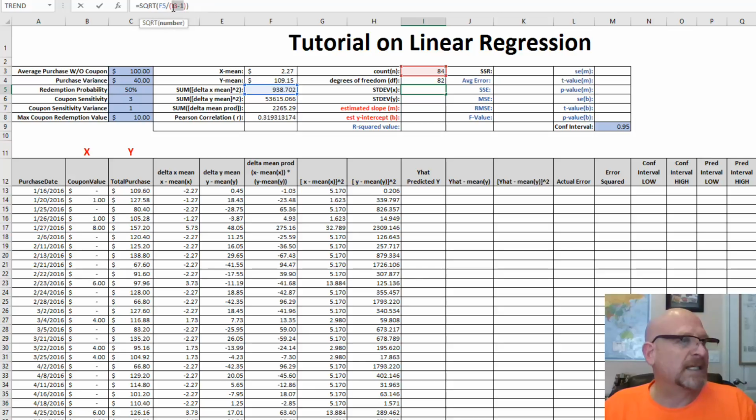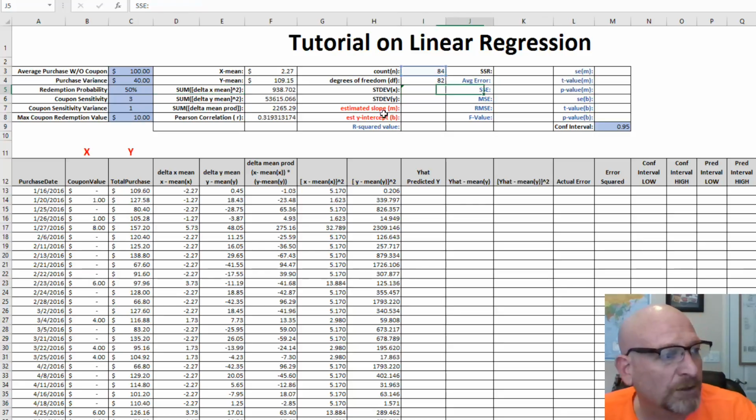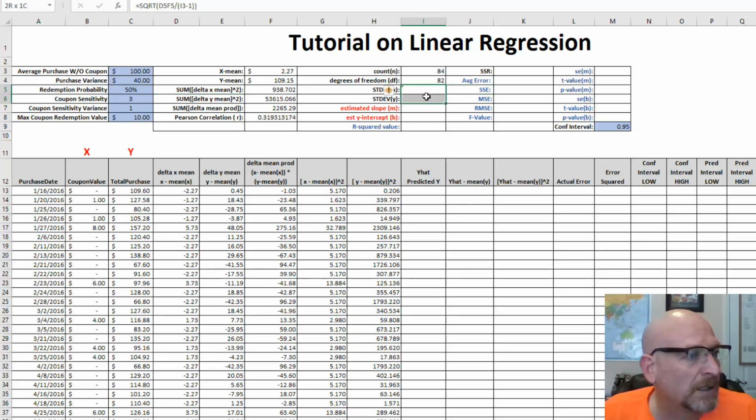Okay, and this I3 minus 1 essentially is degrees of freedom, but it's only looking at degrees of freedom related to the number of rows, not to the number of variables. So, you take the square root of the delta x mean squared divided by the number of rows you have minus 1. Okay?